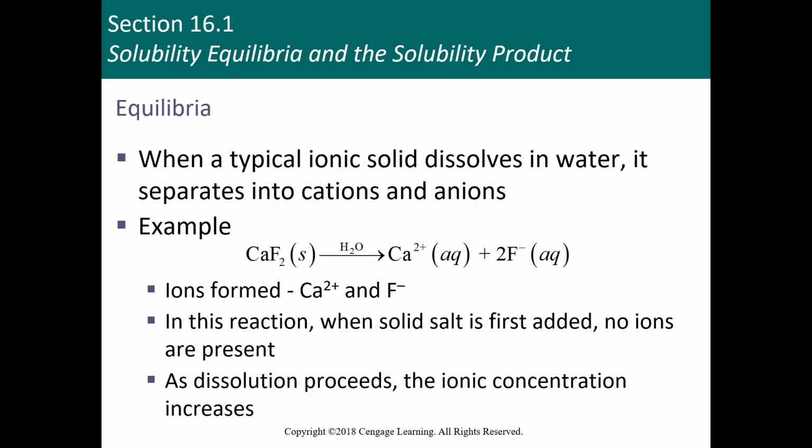When you add the solid salt, it will then dissolve through this ionic dissociation, or this would actually be the dissolution, if you will. As this occurs, you are going to see the concentration of your calcium and fluoride go up until you reach your equilibrium point.